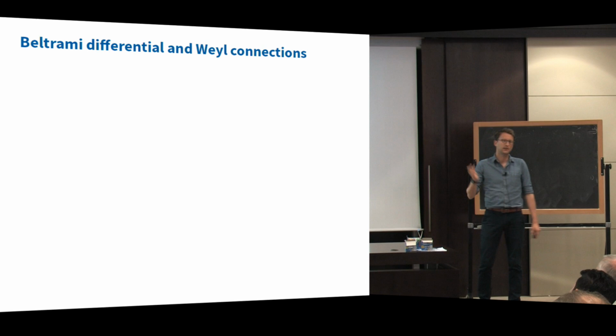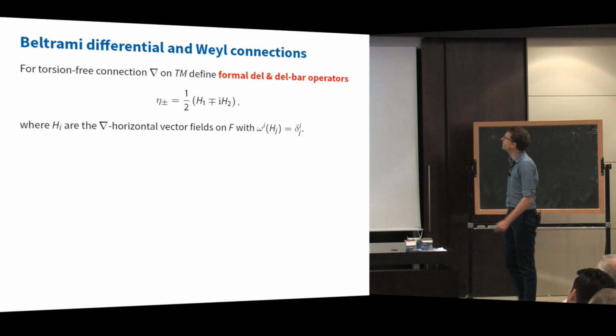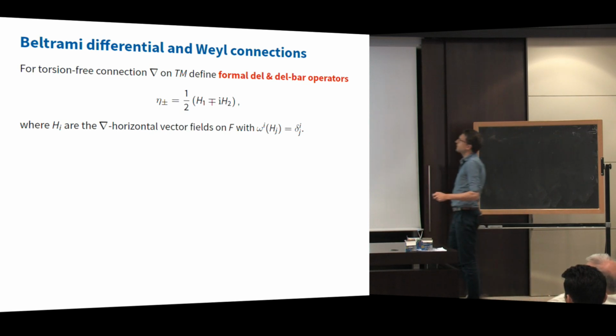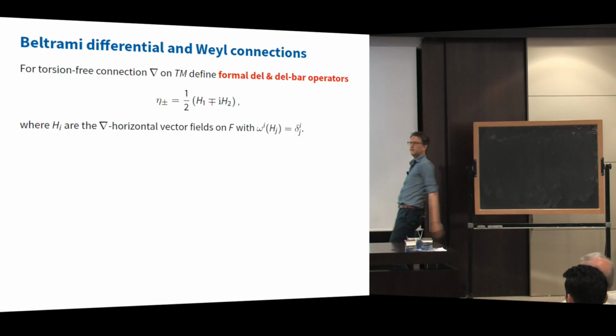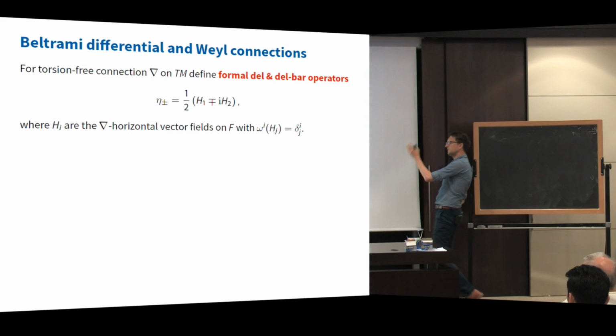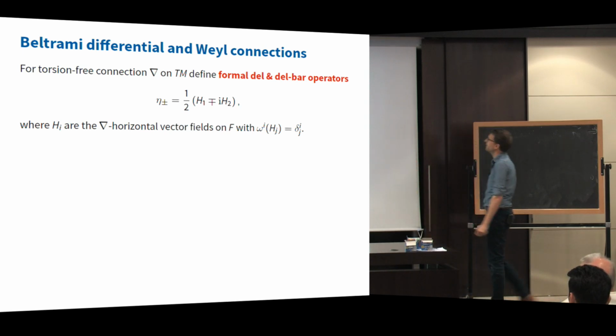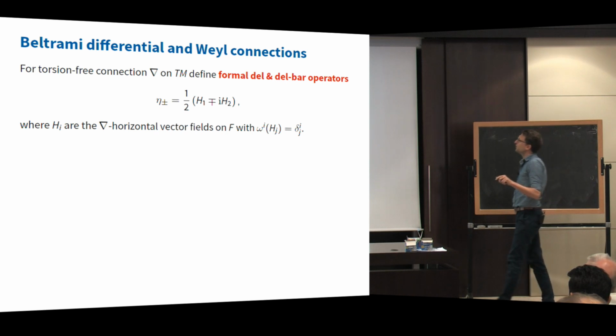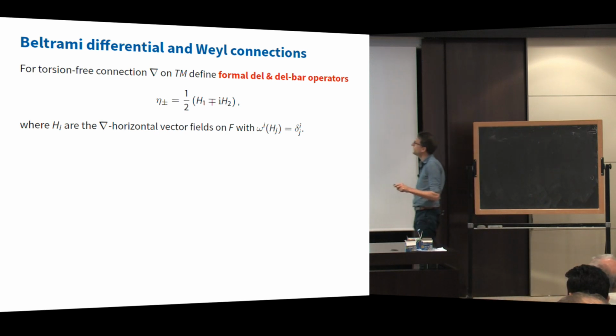So how does this all relate to what I did previously? Now we have a projective structure given, and we want to figure out: is there a Weil connection in the projective structure? In particular, if I take some representative connection of that projective structure, I can define what I want to call formal del and del bar operators.